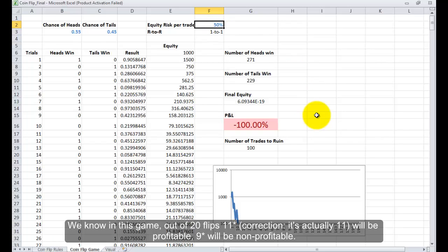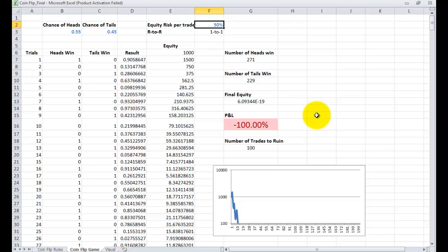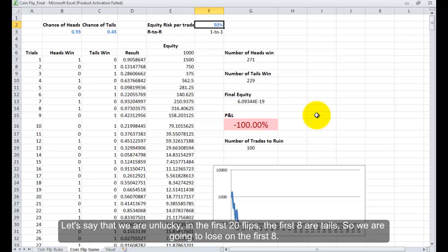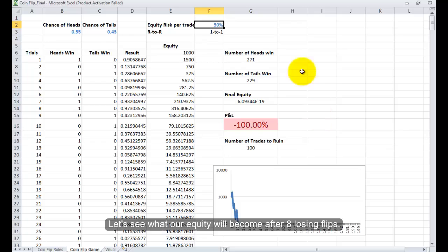We know in this game, out of 20 flips, 12 will be profitable, 8 will be non-profitable. Let's say we are unlucky. In the first 20 flips, the first 8 are tails. So we are going to lose on the first 8. Let's see what our equity will become after 8 losing flips.